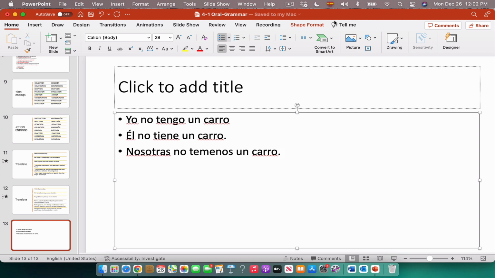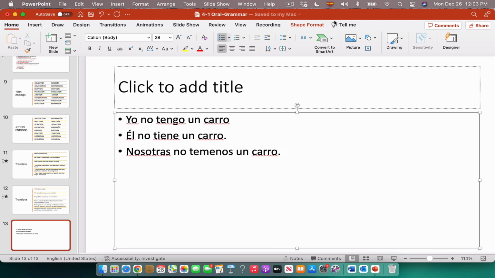Right? So how do you say, for example, do I have a car? In this case, I'm asking a question, right? So in Spanish, when we make a question, basically what we do is we stress the verb. So we have tengo yo un carro. You see, tengo. If it's a statement, it's going to be yo tengo un carro. It's going to be flat. But in Spanish, you can write this in different ways.